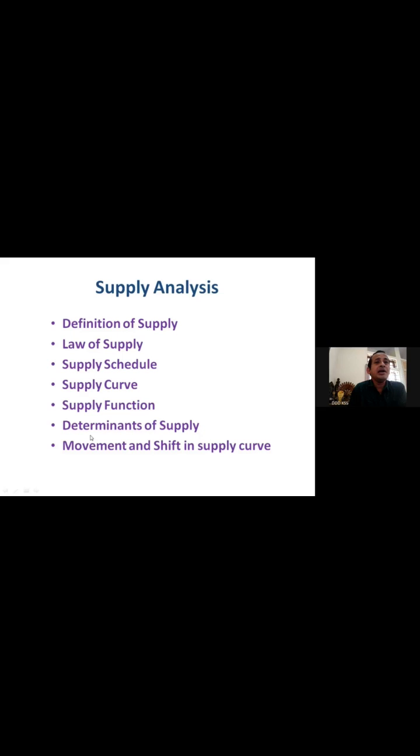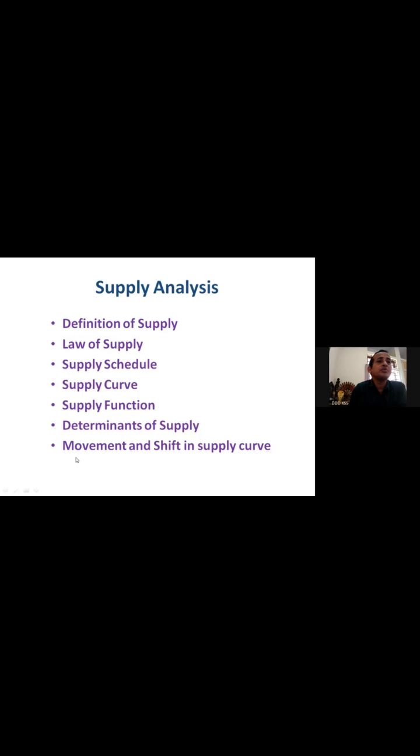Then explain the different determinants of supply. Now here is another question: discuss the factors influencing supply. These are the same, determinants of supply and factors influencing supply. Then next and last, we'll discuss movement and shift in the supply curve.